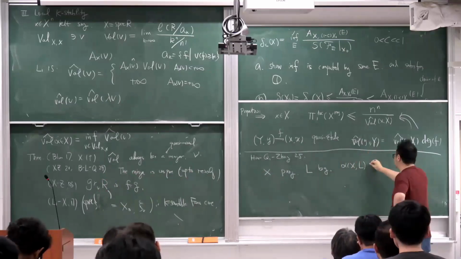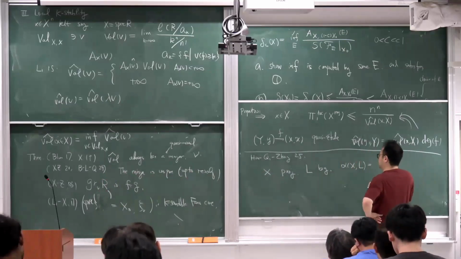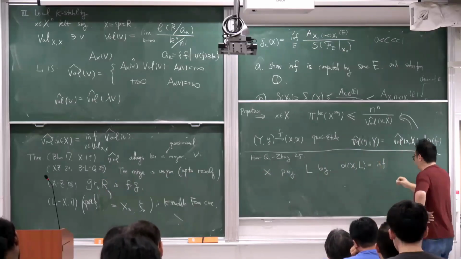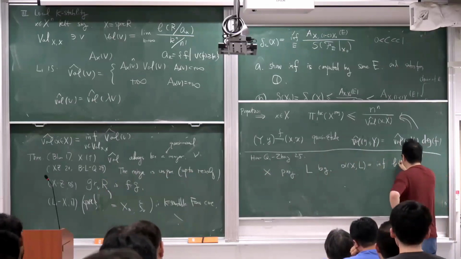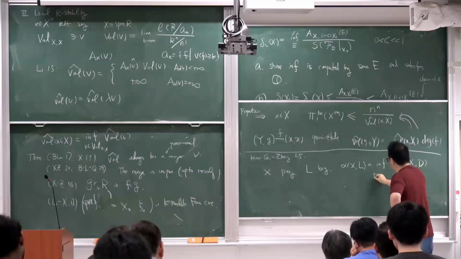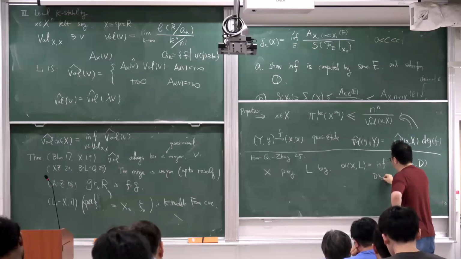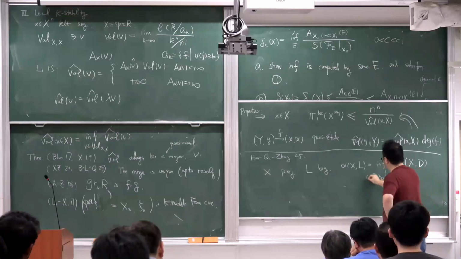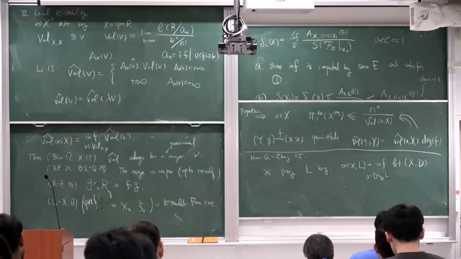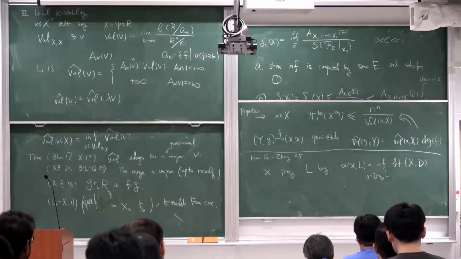It's just the infimum of the log canonical threshold of (X, D), over all D that are Q-linearly equivalent to L. So basically, for all the Q-divisors in L, you look at the LCT.